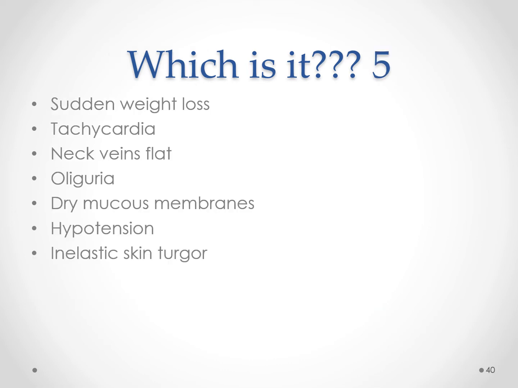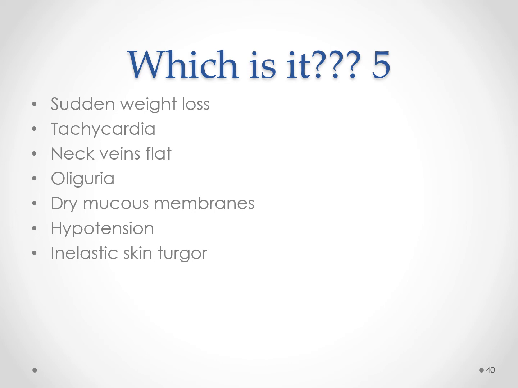Number 5. Okay, which is it? I'm going to stop playing with this thing so it can actually give me the right answers. Sudden weight loss, tachycardia, neck veins flat. Wait, that was different than the last time. And sudden weight loss. Loss. They're not holding on to fluid, right? Tachycardia. Maybe there's something going on in there. What will cause that? I guess it's trying to keep pumping stuff, right?